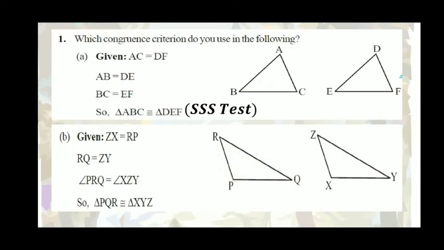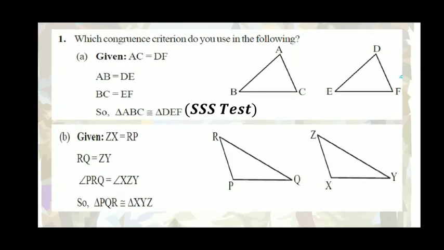Now, in the second one, XZ and RP are equal, RQ and ZY are equal, and angle PRQ and angle XZY are equal. Therefore, the triangles PQR and XYZ are congruent. How are they congruent? Two sides and an angle which is included in between, which comes in between these two congruent sides.